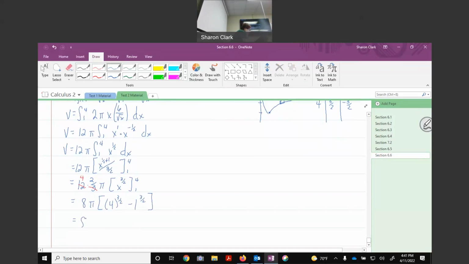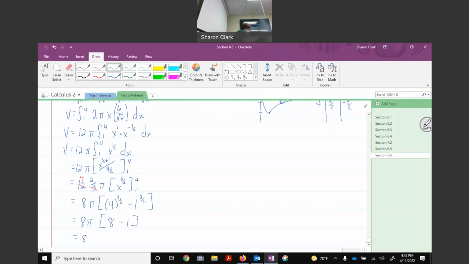Okay, so that's 8 pi. For 4 to the 3/2, 4 cubed is 64, the square root of 64 is 8. 1 cubed is 1, square root of 1 is 1.